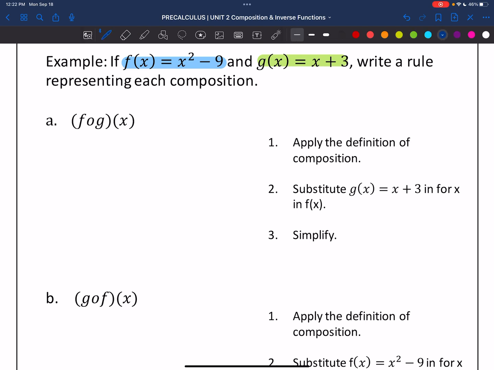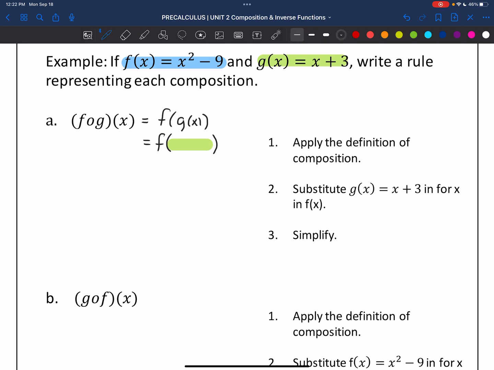We want to start by rewriting this. This would be rewritten as, using our rule, f of g of x, which means into our f function, we're going to substitute the rule for g.